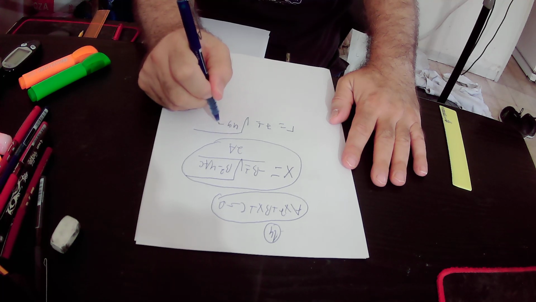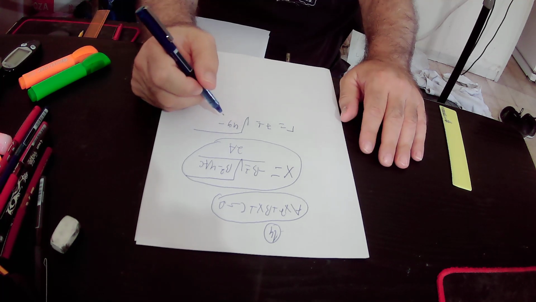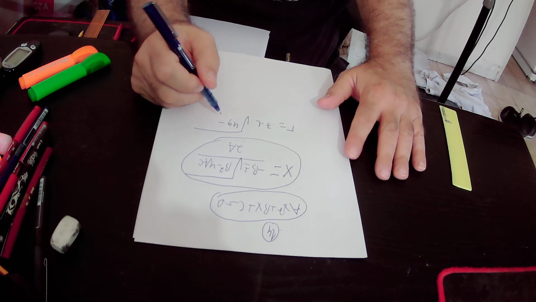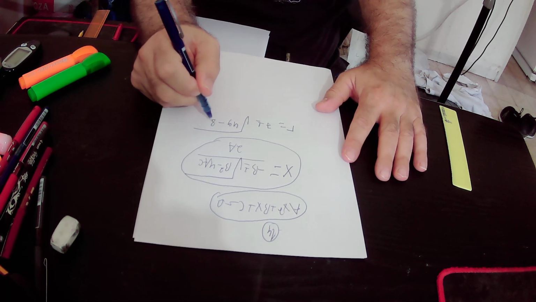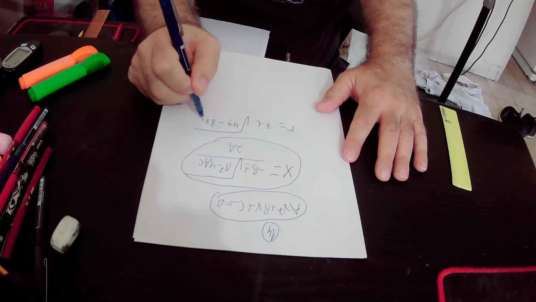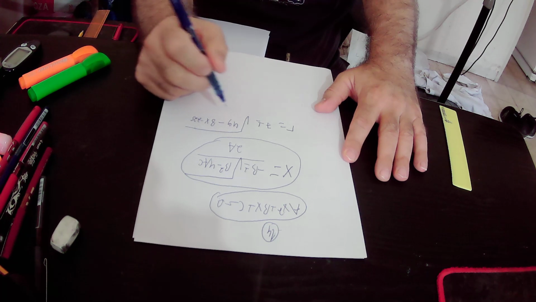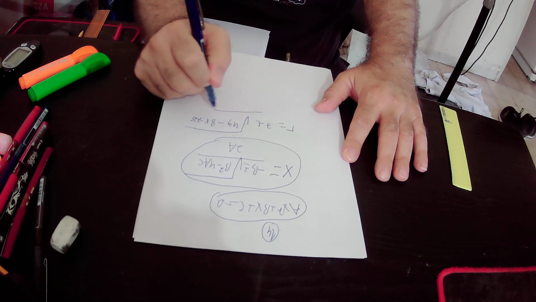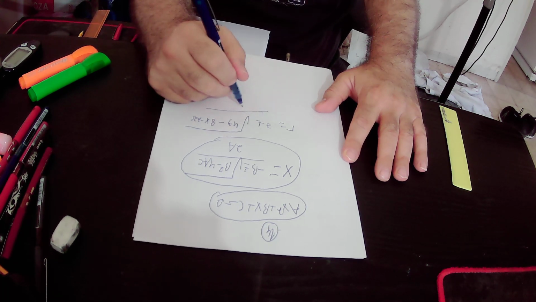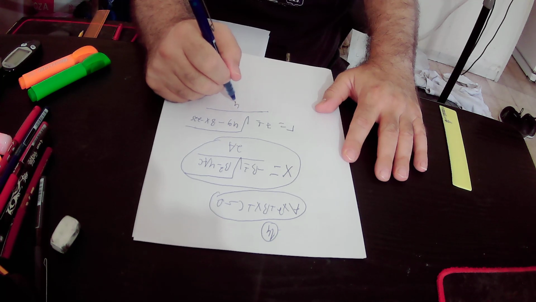Minus 4 times a, which is 2, so minus 4 times 2 is 8, times c, and c equals minus 225, over 2 times a, so 2 times 2 is 4.